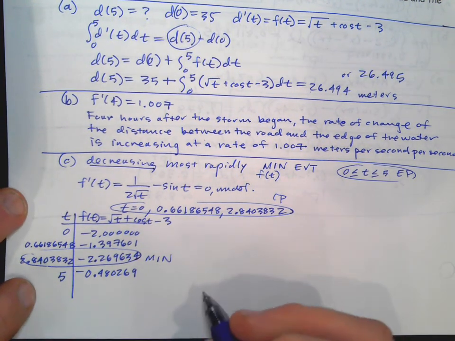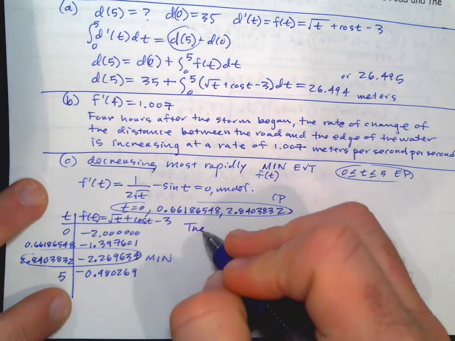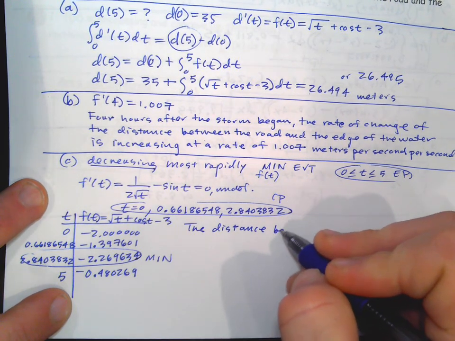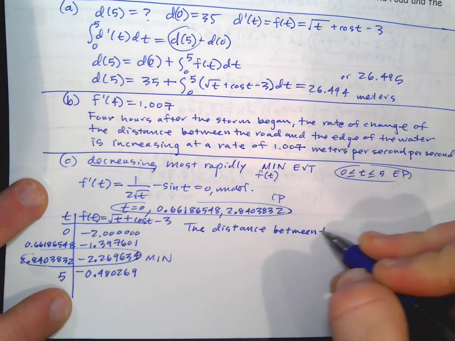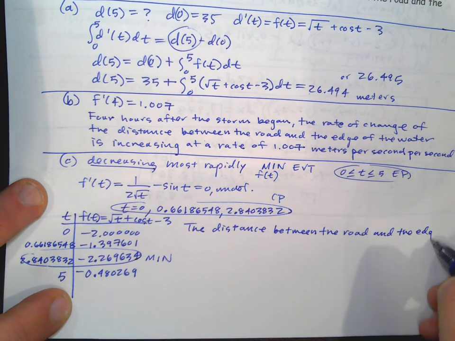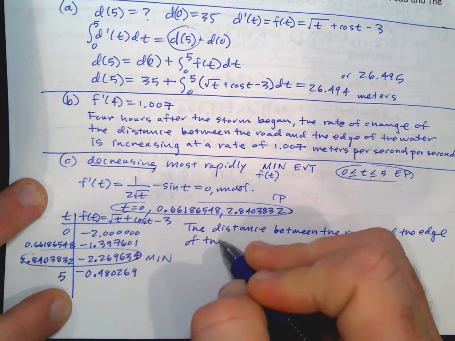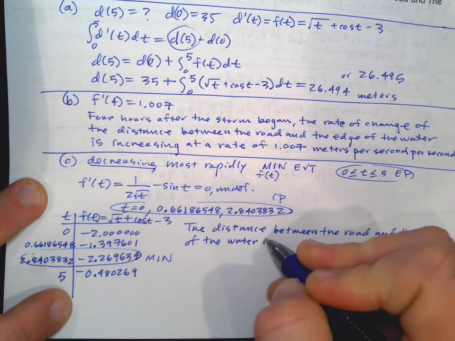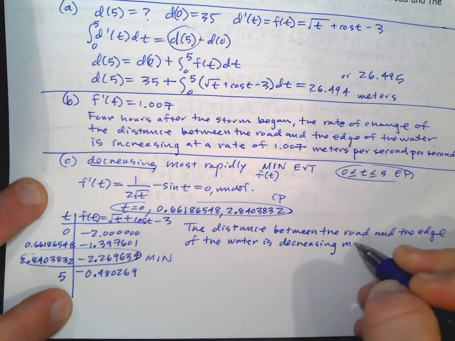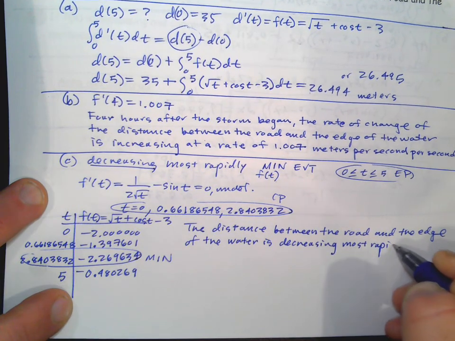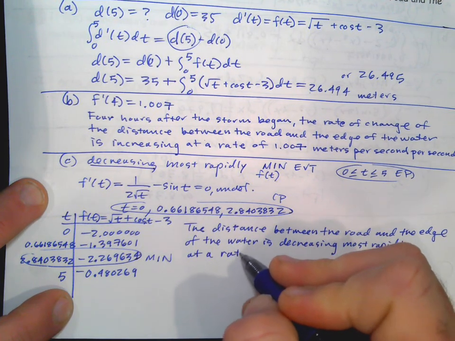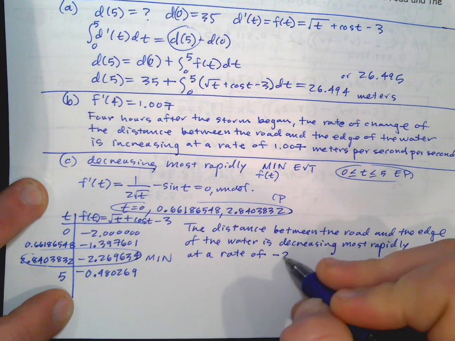So we're going to say the distance between the road and the edge of the water is decreasing most rapidly at a rate of negative 2.269.